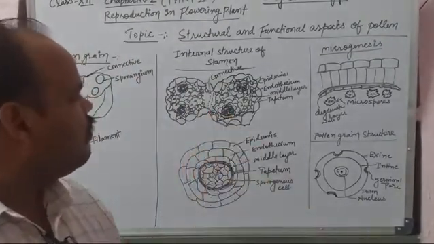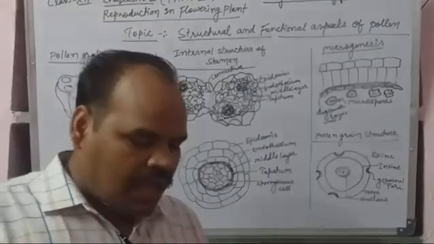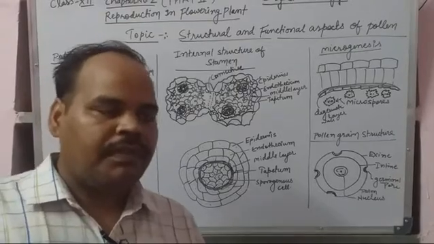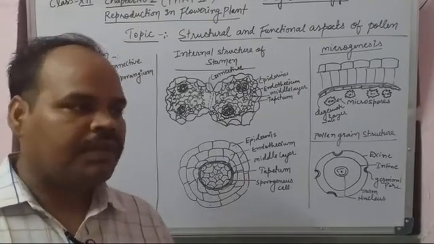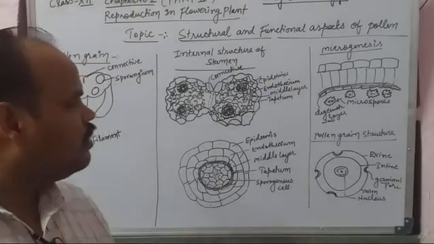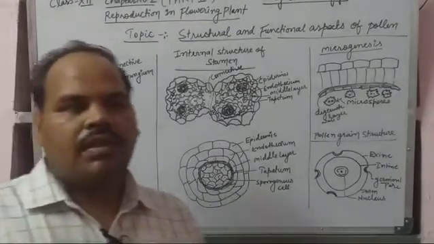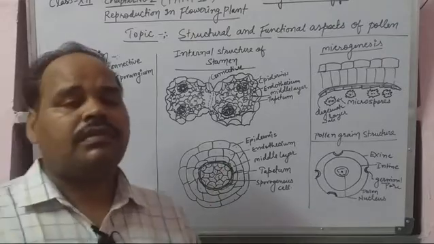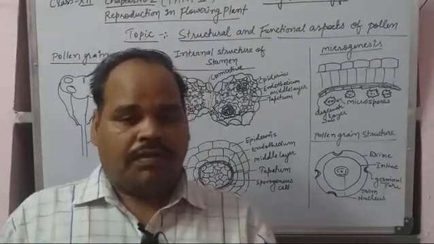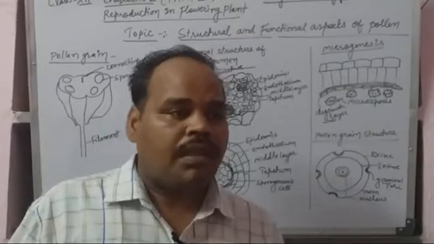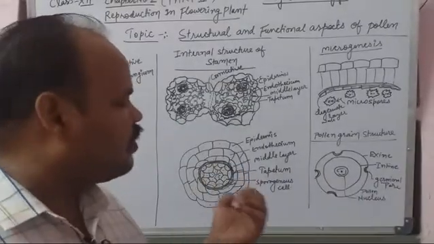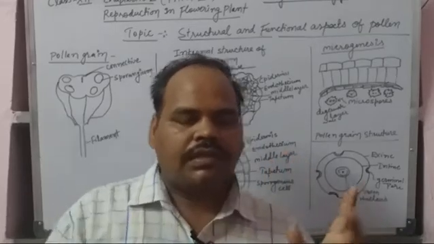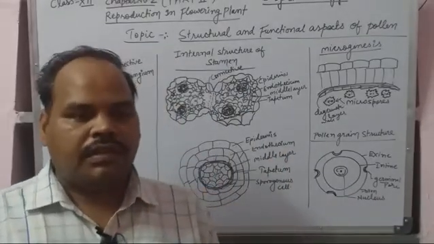Now today we are discussing the pollen grain, how it will germinate and how it is produced. You know very well that before this class we started the structure of the stamen.